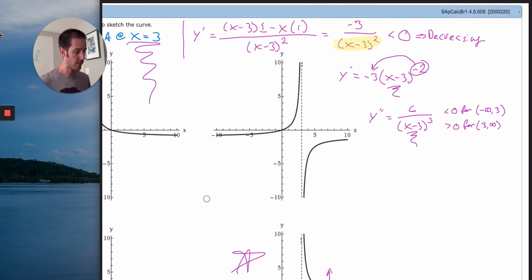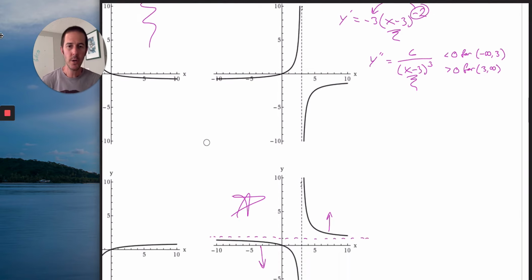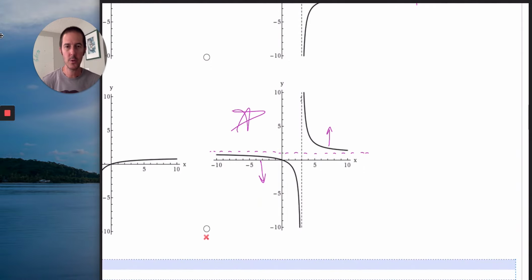That's the whole list. Intercepts, domain, symmetry. We didn't talk about symmetry. Just from looking at the solution graph, we can see that there is no symmetry about the origin, and there is no symmetry about the line x equals 0.